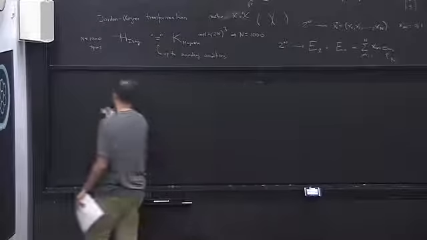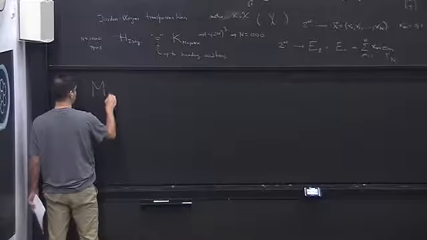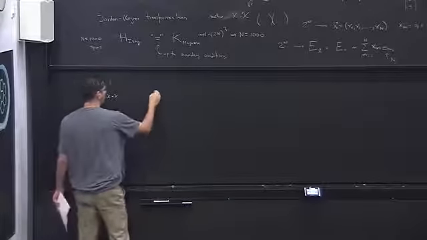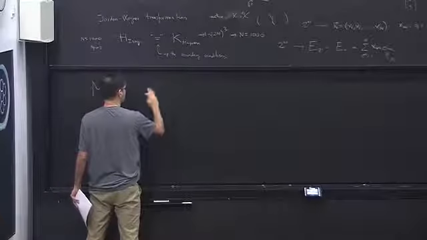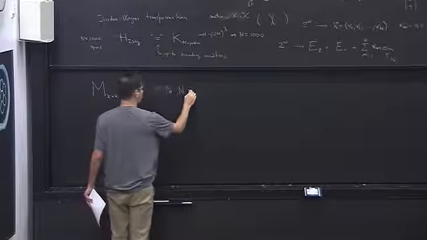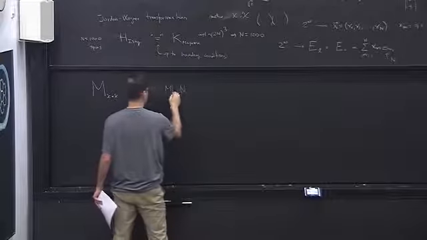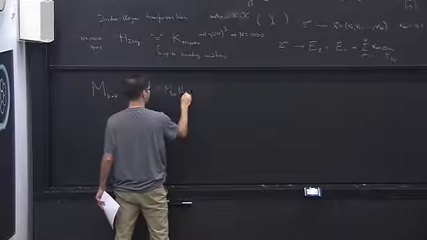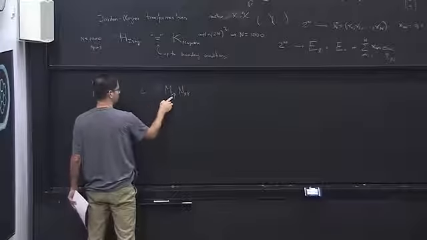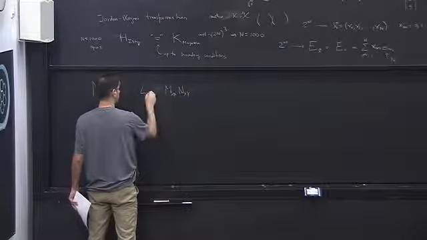Let's multiply two such matrices, say m times n. What this means is we have alpha, beta, beta, gamma, and we want this to be L, which is going to be alpha, gamma.